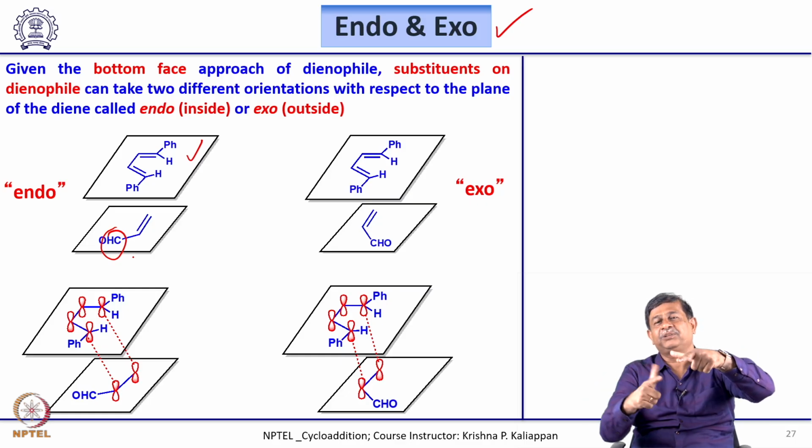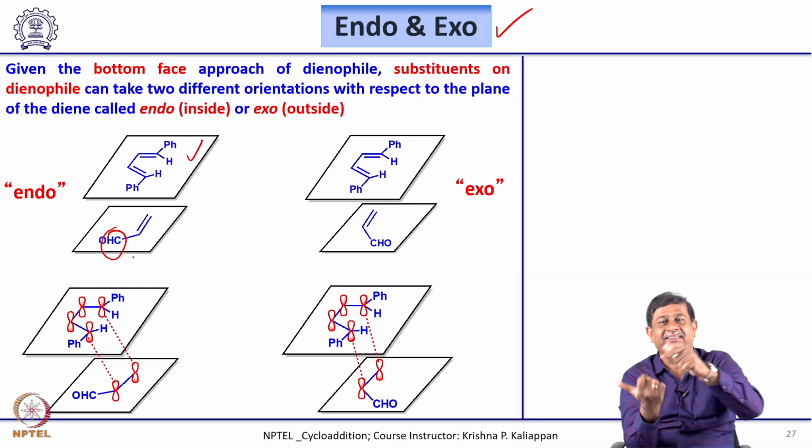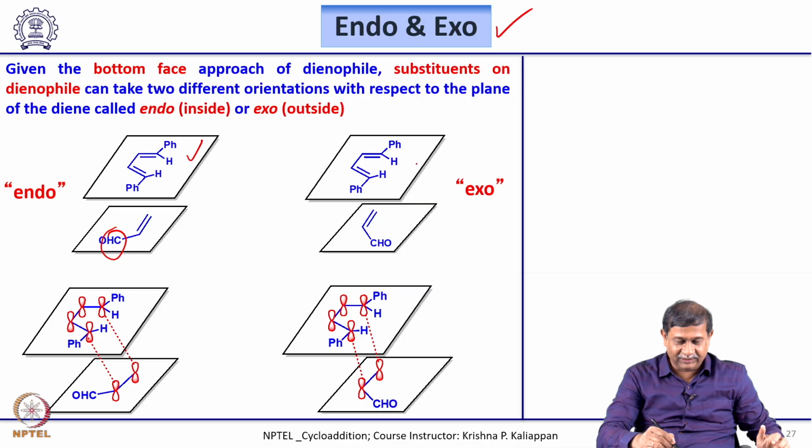Now the other possibility which I said, it can be like this. In this case, the substituent on the dienophile is away from the diene plane, outside the plane of the diene, so that is called exo. This is what you should understand.